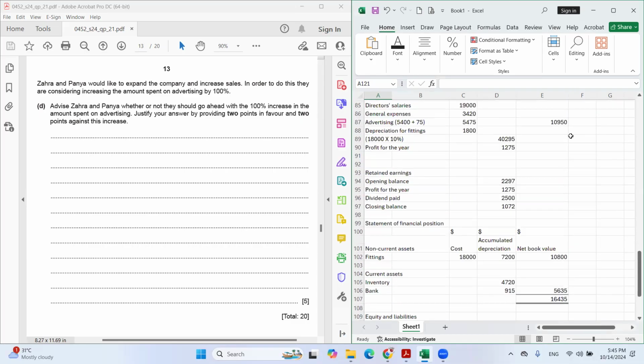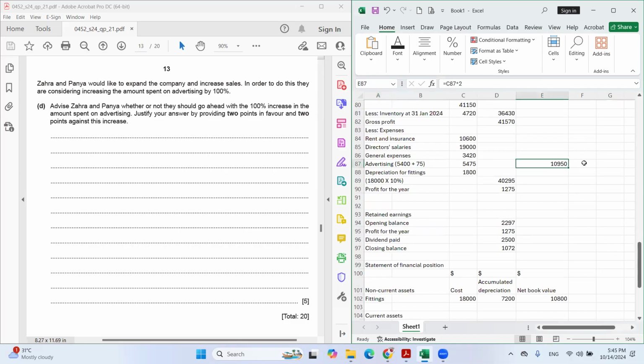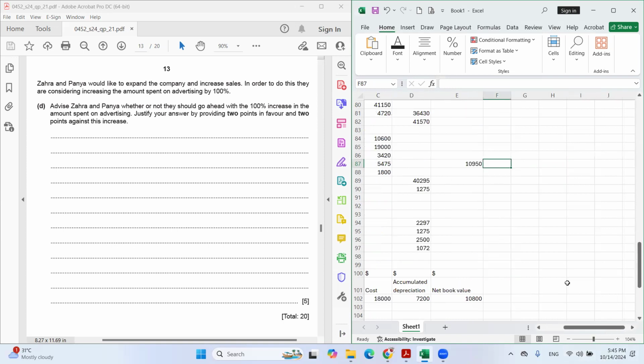First of all, we analyze from the profit first. If we're going to increase, logically, yes, the sales should be increased. Okay, from here, if by increasing this amount, the sales can be increased because advertising will create awareness.